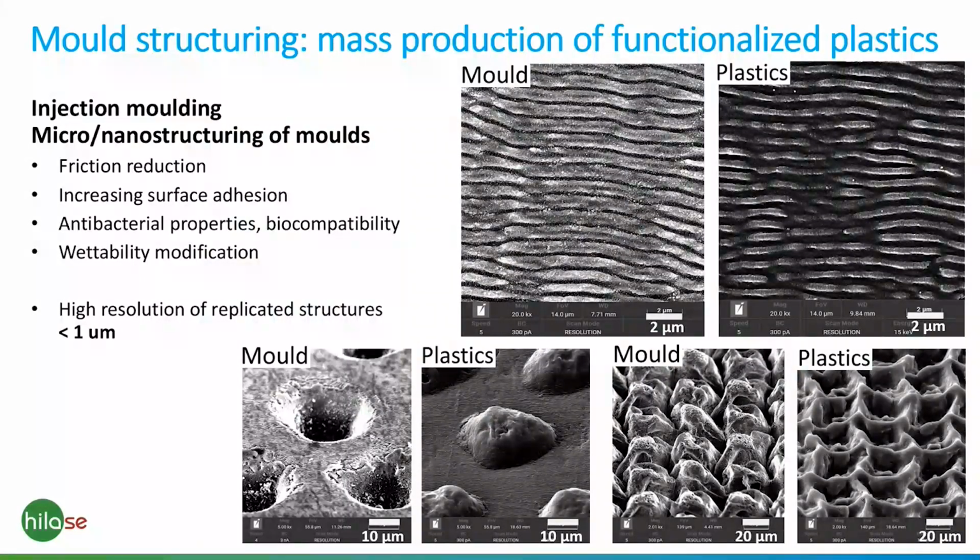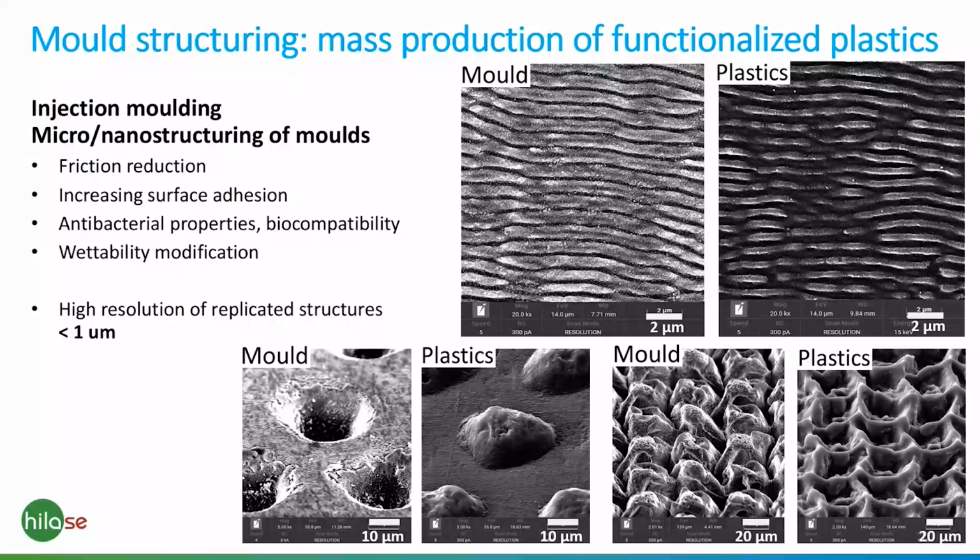And we find out that we can do it actually by using our technology to efficiently structure metallic molds. For injection molding, for example, we can transfer the functional structures to plastics directly by standard industry processes, and by that we can induce all the functional properties on the plastics parts itself.